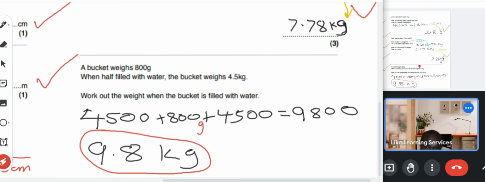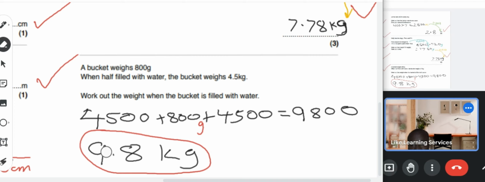There's something I want to show you. Let me see. Hold on. Without anything, it is 800 grams. Yeah, with nothing in the bucket, it's 800 grams. So when the bucket is half filled, there's something you need to know: the weight of the water alone.